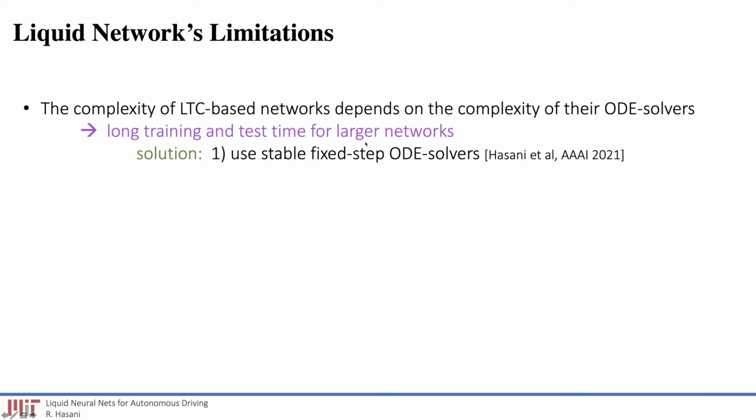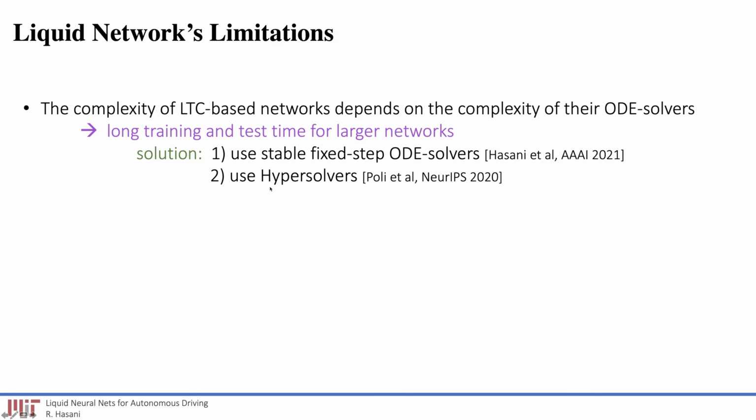There are solutions for that. You can use a stable fixed step solver. If you use a fixed step solver and not a complex solver, you can gain a good level of performance. You can use hyper solvers. There's a line of work on these continuous time neural networks out there, and I really encourage everybody from the autonomous driving community to look into it, because it's really exploiting the capabilities of dynamical systems in neural network design.